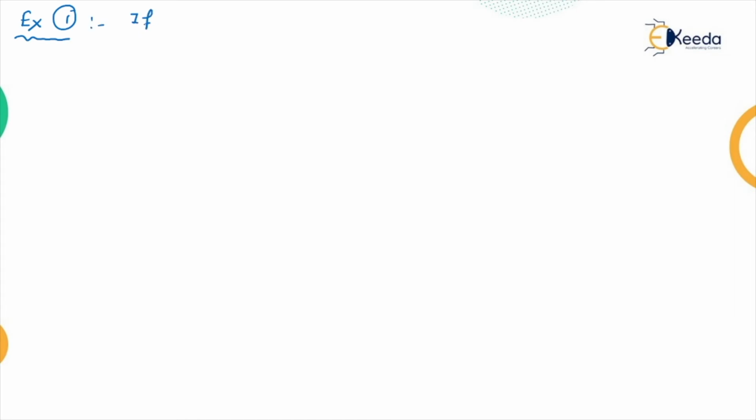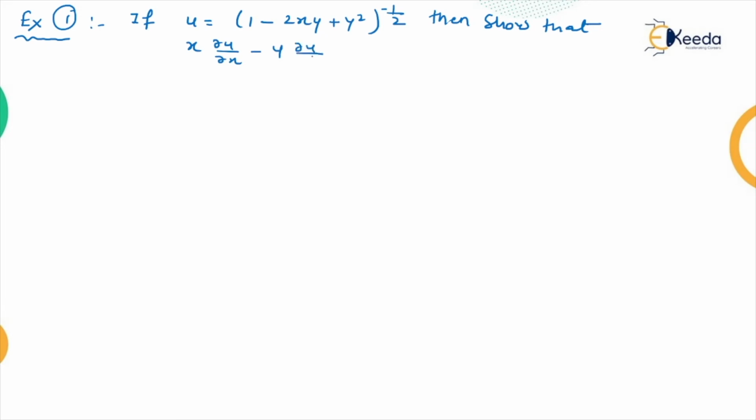If u is equal to (1 − 2xy + y²) raised to the power −1/2, then show that x ∂u/∂x − y ∂u/∂y is equal to u³y². You have to show this.